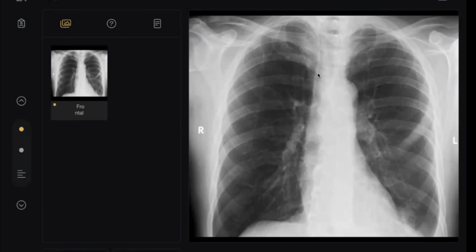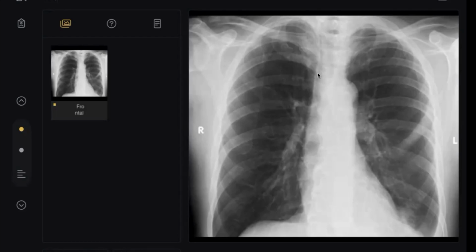At first instance, I can see there is mild inhomogeneous airspace opacification noted in the left lower lung zone, with mild haziness at the medial left hemidiaphragm. There is also mild blunting of the left CP angle, suggestive of mild effusion.